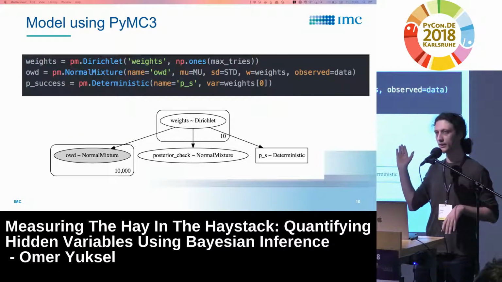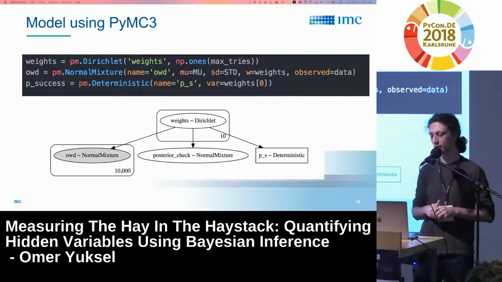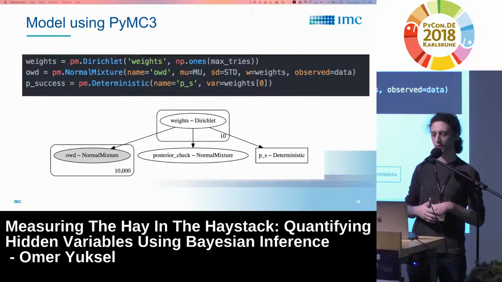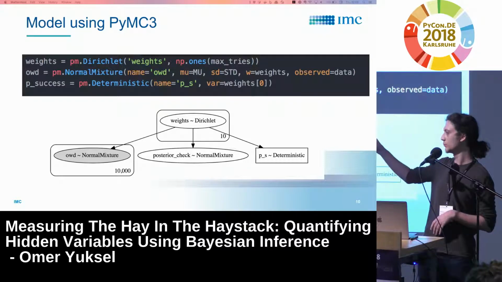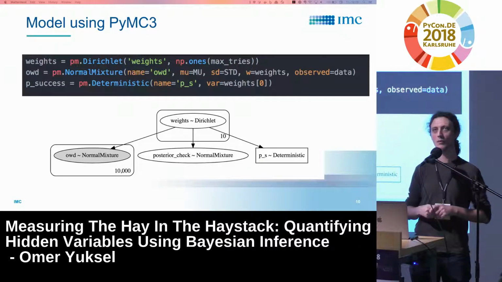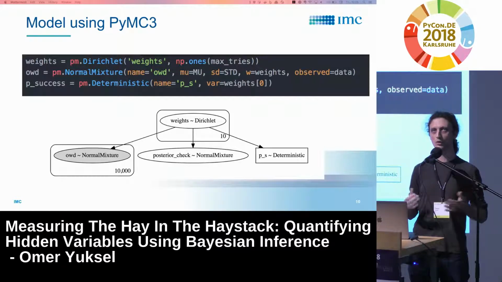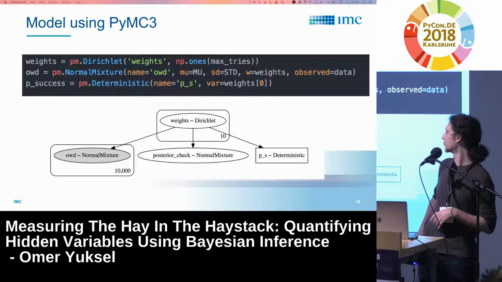So these are the 3 lines of code that I mentioned to formulate the problem. With PyMC, the slightly darker part is the observed variable, the one-way delay between point A and point B. Then you can model this as a Gaussian mixture, and these weights could have Dirichlet priors.